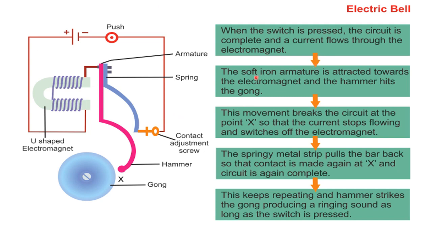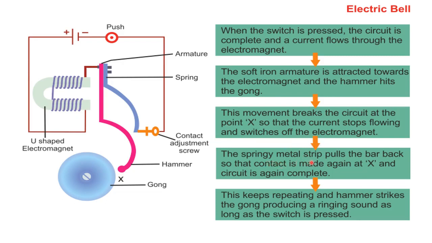After that, the soft iron armature is attracted towards the electromagnet and the hammer hits the gong. Moving on, this movement breaks the circuit at point X so that the current stops flowing and switches off the electromagnet.